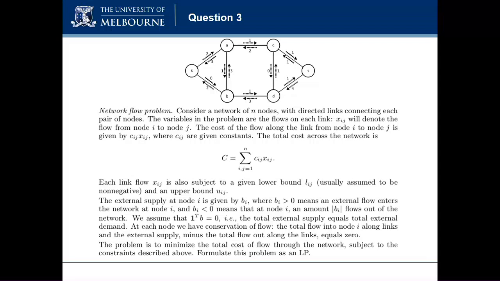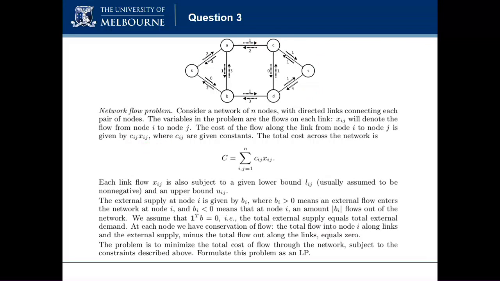So let's look at this problem. This is actually a quite popular problem. We are given a network of n nodes with directed links connecting each pair of nodes. The variables are the flows. Xij denotes the flow from node i to node j, and the cost of the flow from i to j is given by Cij Xij. We have the nodes i and j, all the nodes, and in this graph they are A, B, C, and so on.